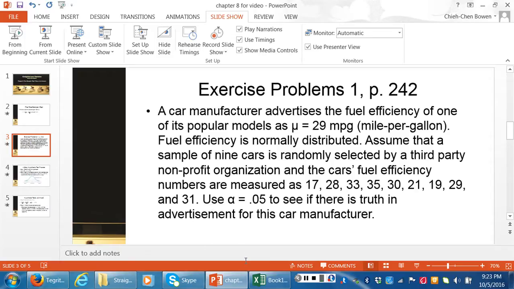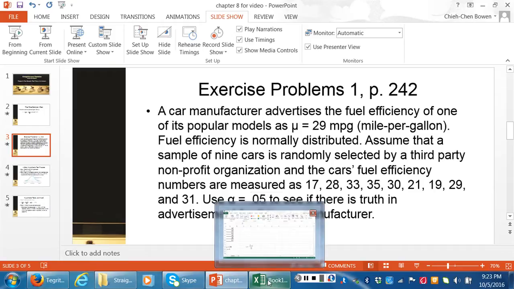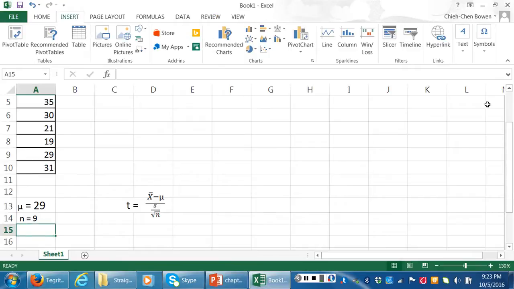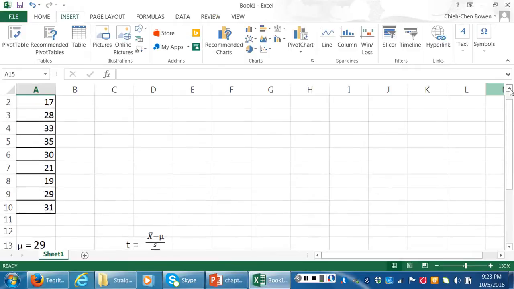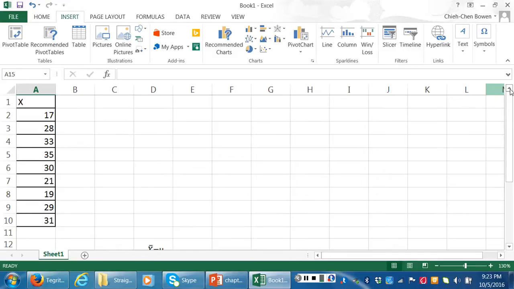Okay, let's use Excel to calculate that. We have 9 numbers. The third-party, non-profit organization randomly selected 9 cars of the same model, and here are the fuel efficiency numbers.